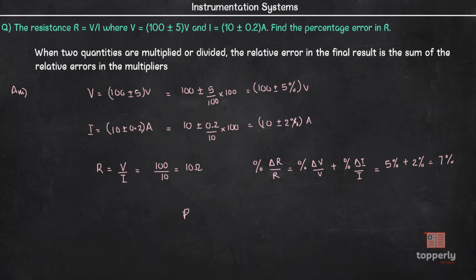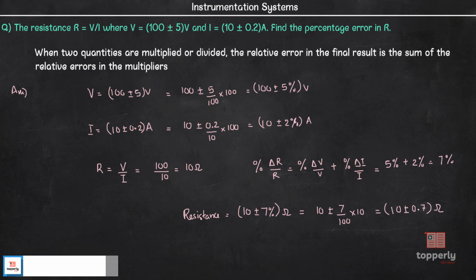Therefore, resistance is equal to 10 ± 7% ohm, which is equal to 10 ± 7/100 into 10, which is 10 ± 0.7 ohm.